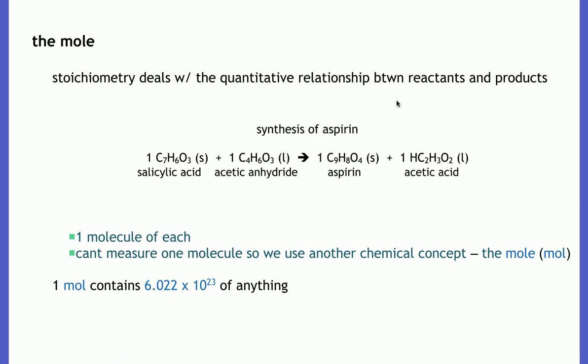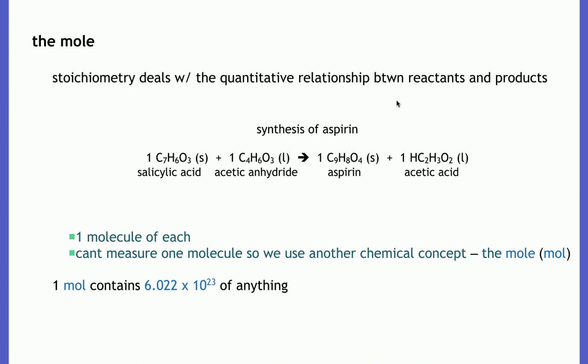So if you look at this example reaction here, this synthesis of aspirin, right? The first basic concept of this is to realize that if I have an equation like this that is balanced with all ones, essentially I have one of each of those molecules that's going to take part in this reaction.